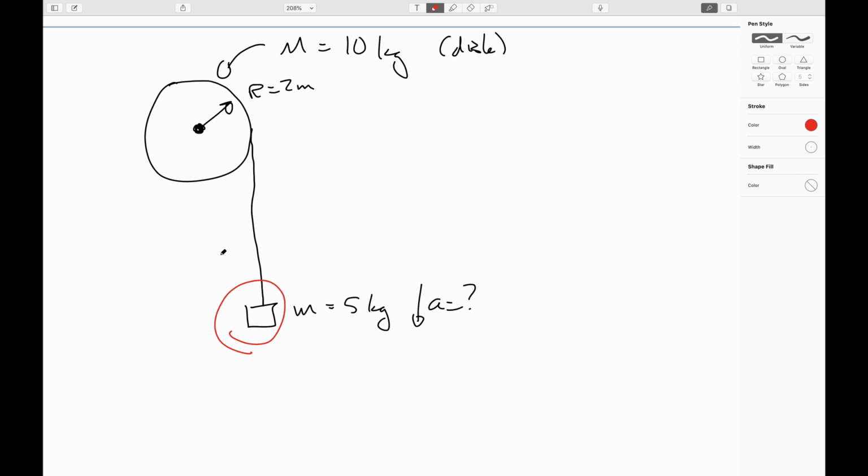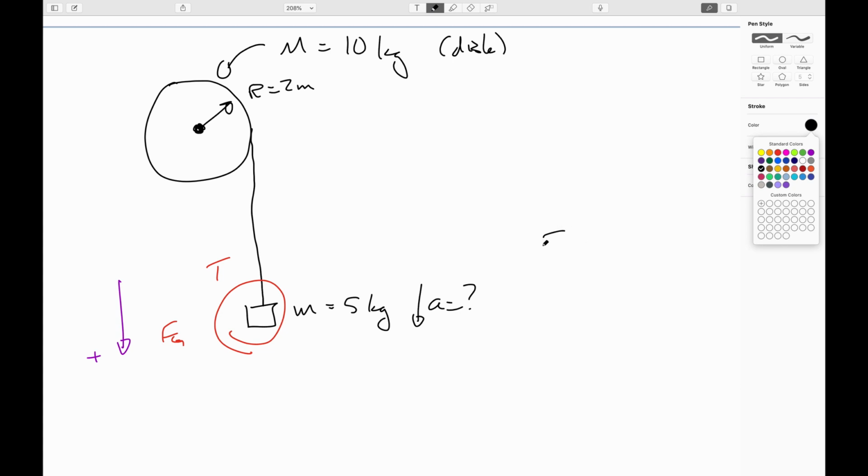So again, force identification diagrams, there's a force due to tension and there's a force of gravity acting on it. And that's about it. All right. So we know that since it's accelerating downward, it's probably going to make more sense than anything to decree down is positive for this.